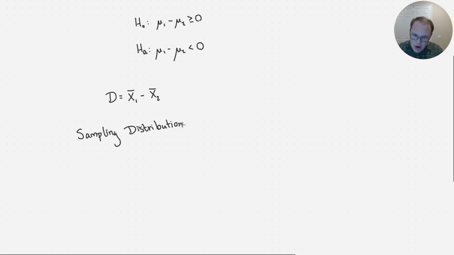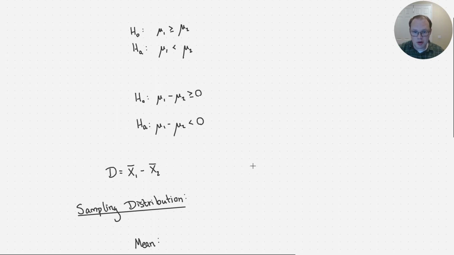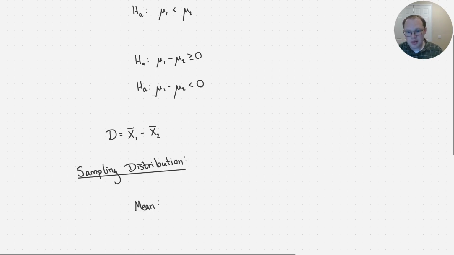So to conduct our hypothesis test, the sampling distribution we are going to use has the following properties. First off, the mean is going to be the mean given by our null hypothesis. Remember, we assume our null hypothesis is true. So it's whatever we are assuming about mu1 minus mu2.